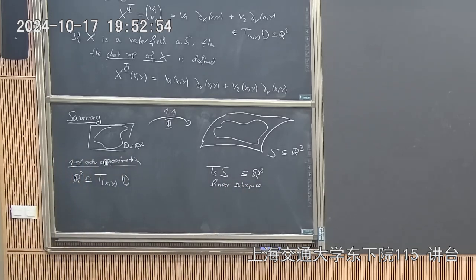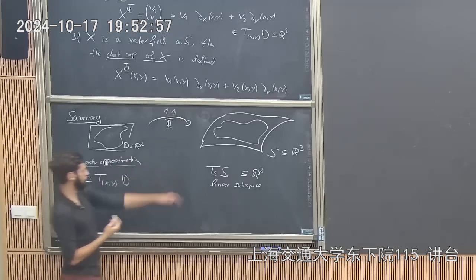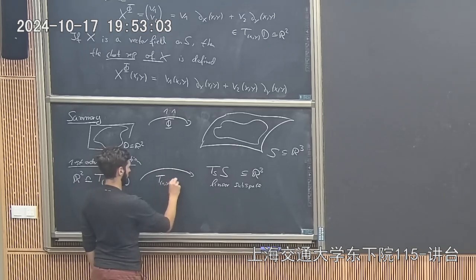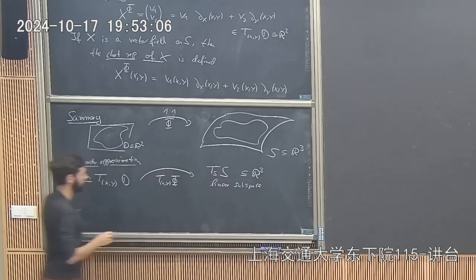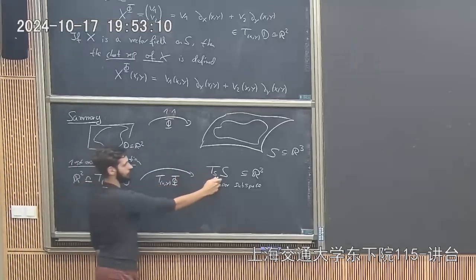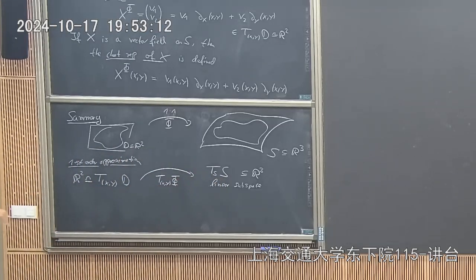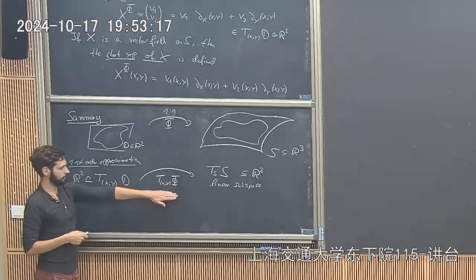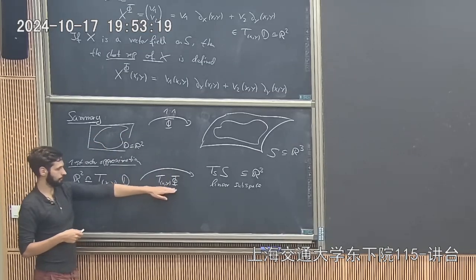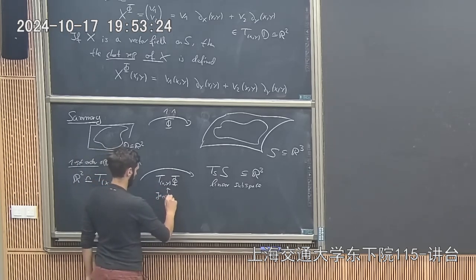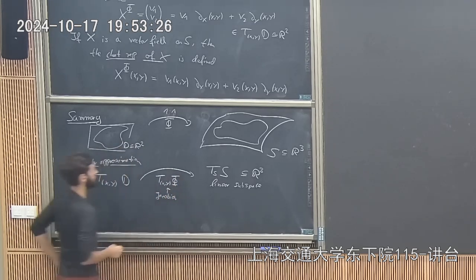And now the question is how are they related? And the map that relates them is the T_xy phi. So that was this map that maps from R2 into T_s S. So it's like a linear order approximation of phi. It's this map that is essentially the Jacobian of phi.